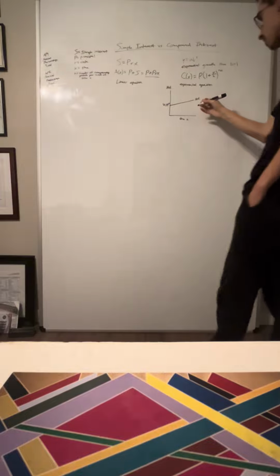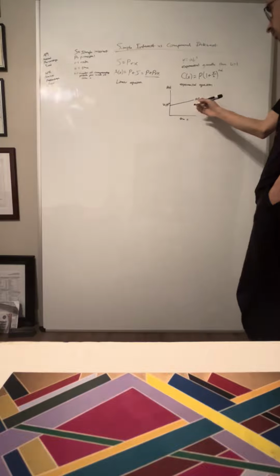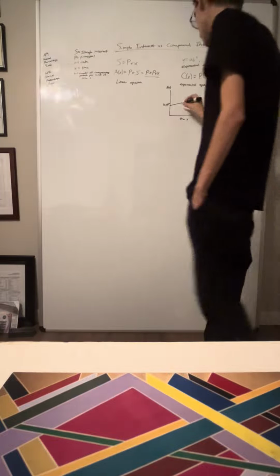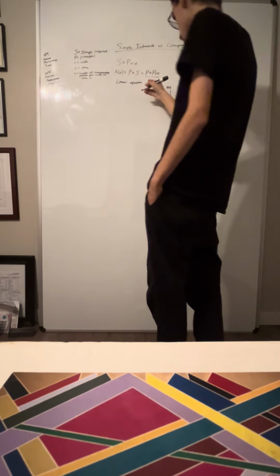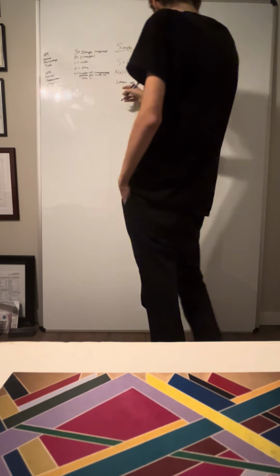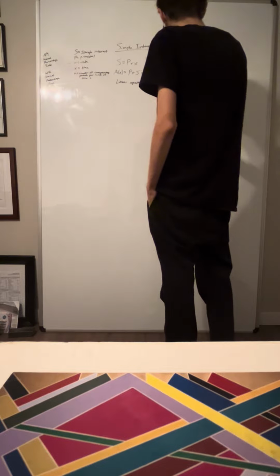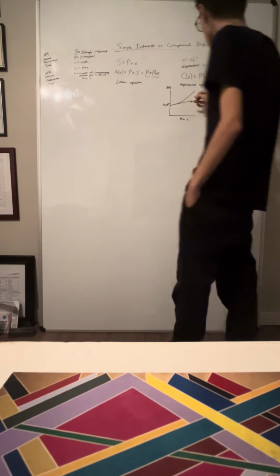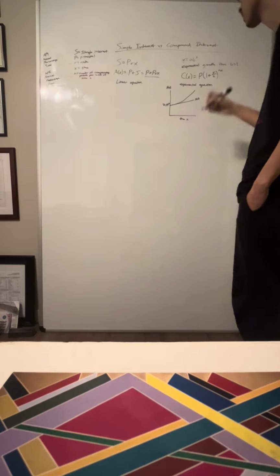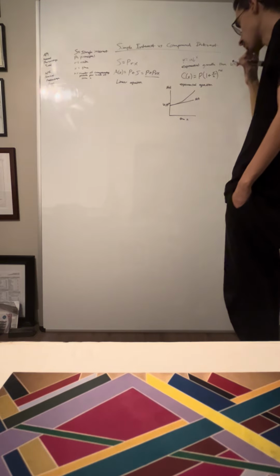A of x equation. Notice it's a straight line, because this can be directly written in a linear form, and in the meantime, our compound growth equation is going to look something like this.